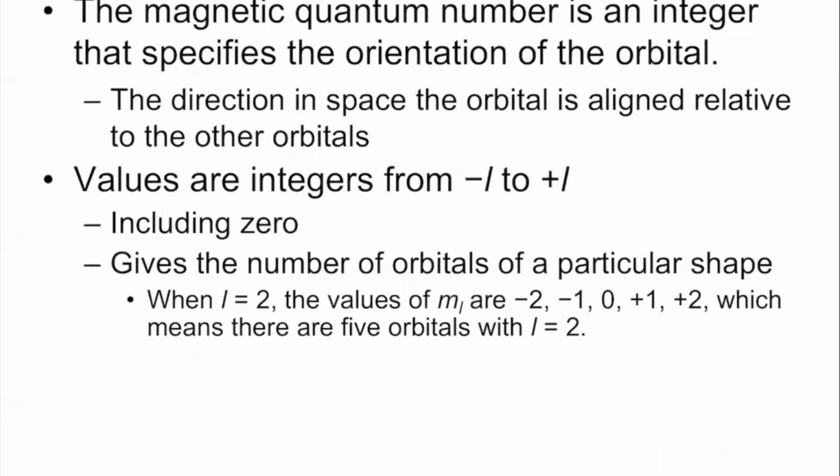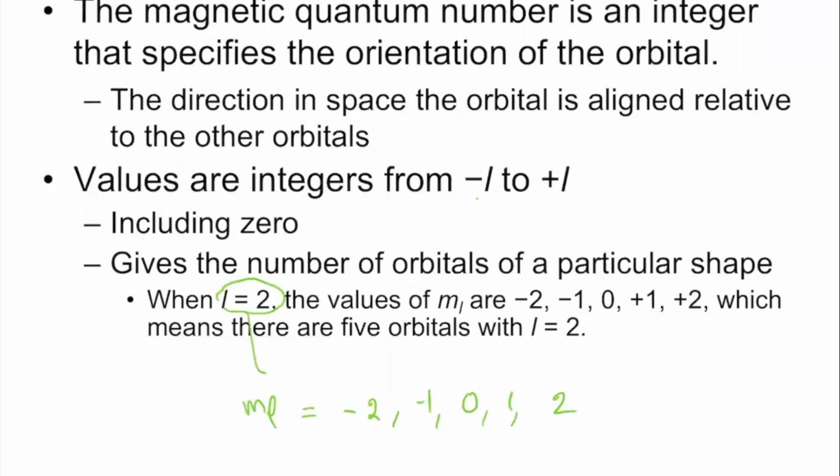The l is going to be the shape, and the m sub l is going to say how it's aligned, how that orbital is in a line. And it's going to vary from negative l to l. So for example, I just told you that if l equals 2, the possibilities of m sub l are going to be -2, -1, 0, 1, and 2.